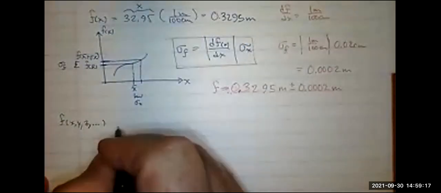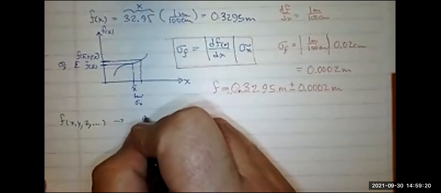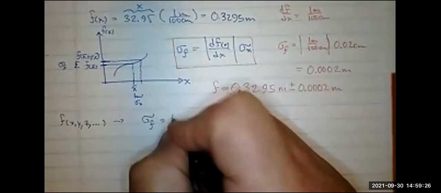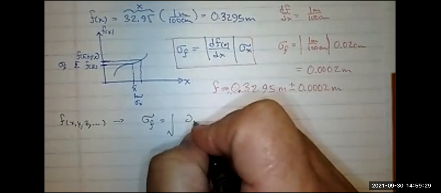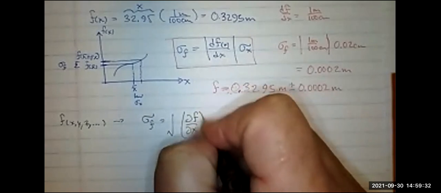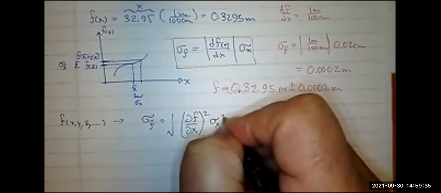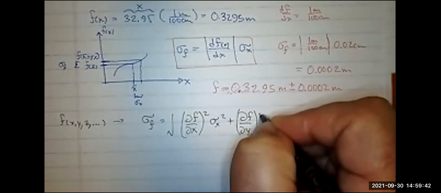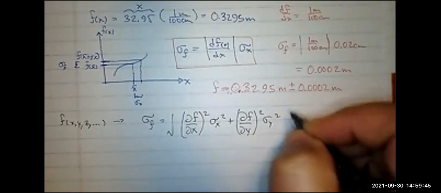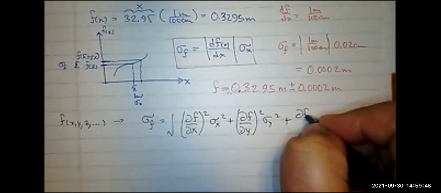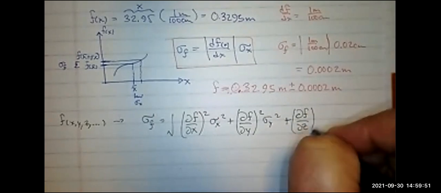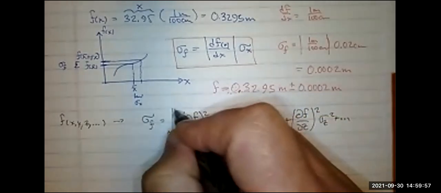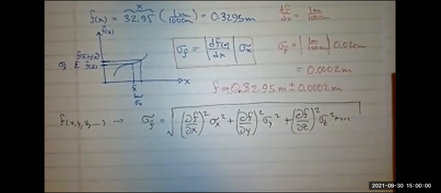If that's the case, then the uncertainty in F, the generalization of this, is in fact the square root of the partial derivative of F with respect to X squared times the uncertainty in X squared, plus the partial derivative of F with respect to Y squared times sigma Y squared, plus the partial derivative of F with respect to Z squared, sigma Z squared, plus dot, dot, dot for however many variables you have. That's the general formula for error propagation.